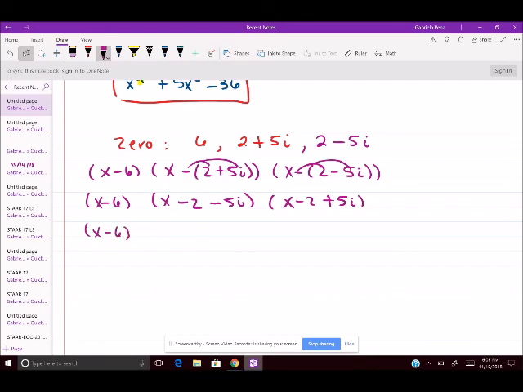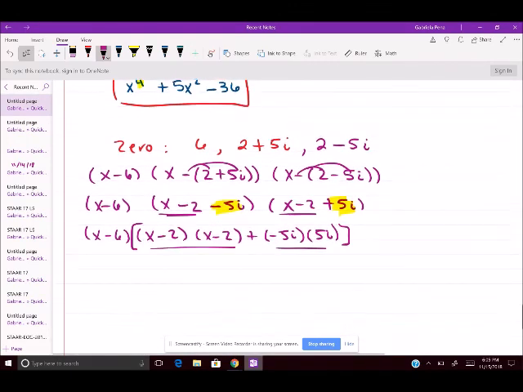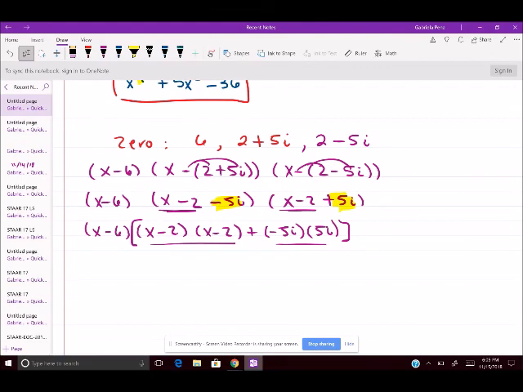Then remember, we're going to take this and this, but this is together for right now, plus, now we'll take this and this, negative 5i times 5i, and then you do the FOIL here, multiply that and combine it. So I'm just helping you in that little part, but please go back and work. Look at the notes, look at the previous problem. So work on 8 and 9 so we could be done.